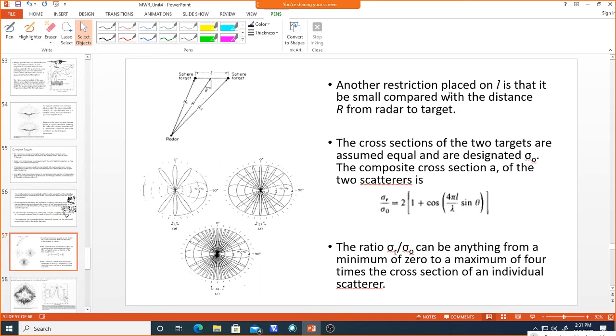Also, the restriction is that L is small compared to the range, because generally the range will be large with respect to the radar receiver. So L should be very small compared to the range of the two targets from the radar receiver.